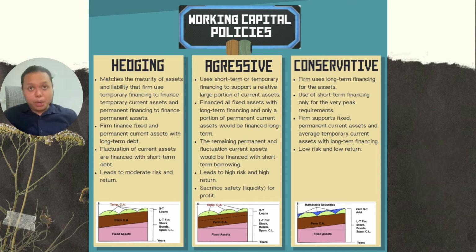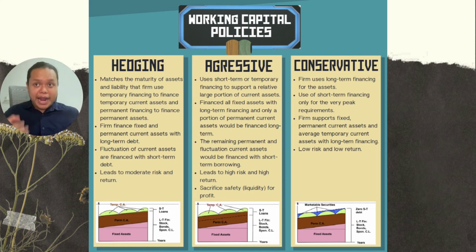The aggressive approach uses short-term or temporary financing to support a relatively large portion of current assets. All fixed assets are financed with long-term financing, and only a portion of permanent current assets would be financed long-term. The remaining permanent and fluctuating current assets would be financed with short-term borrowing.